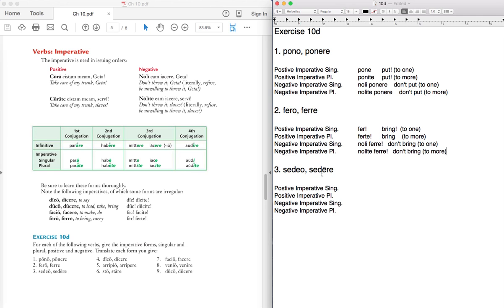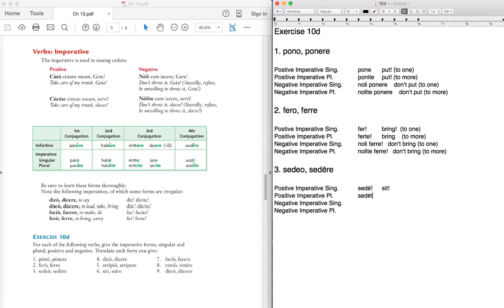Sedeo, sedere, to sit. It's just back to the same formula as pono, ponere was, but now we are in the second conjugation right here. Habere is the same conjugation as sedere. So here, again, sede. Now that is a long mark, so I'm going to make that long, which you may not be able to do. Sit. I'm going to leave out the "to one" and "to more" at this point.